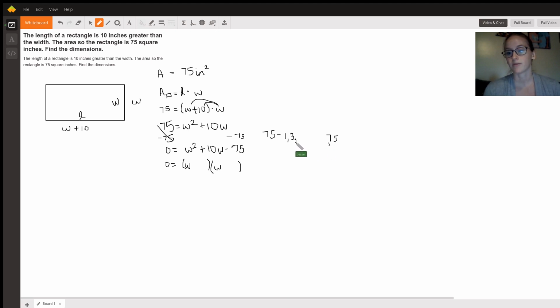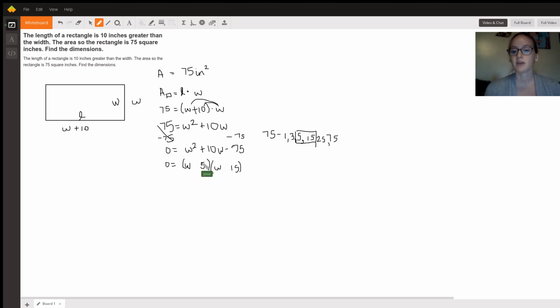We can also have 3 and 25, but there's no way to subtract 3 and 25 to give us a positive 10, so we know it's not that. We could also do 5 and 15. Well, 5 and 15, if we subtract those from each other, that gives us a 10, right? So we know that we can use 5 and 15 here to get our 75.